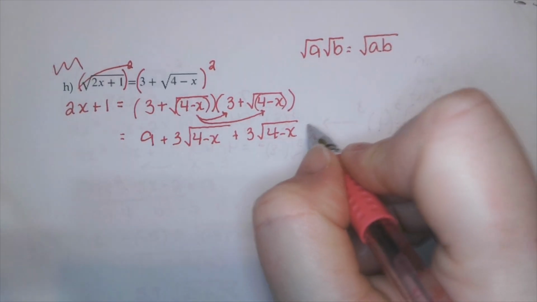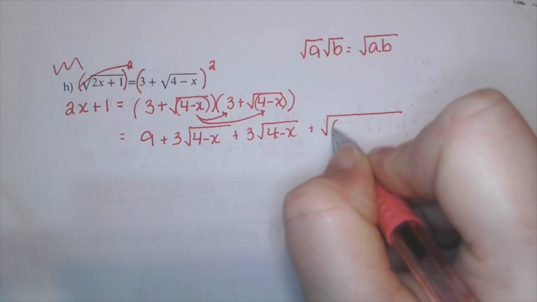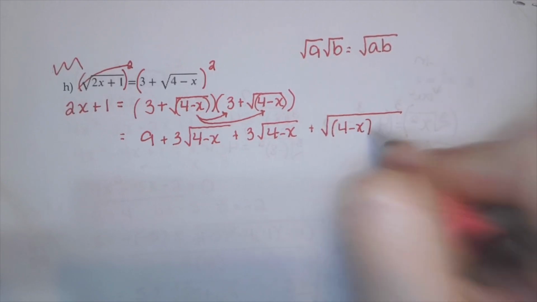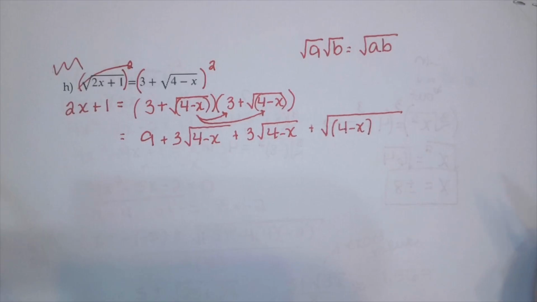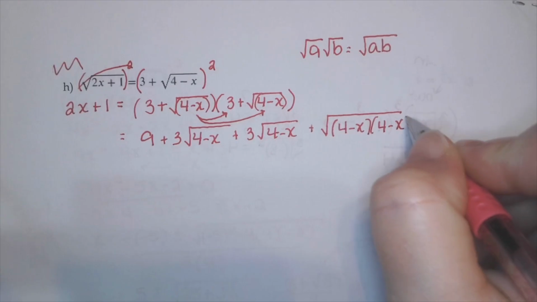So when I do that here, this would be the same thing as saying the square root then of 4 minus x, because that's the radicand of the first one, and we have the radicand of the second one as well.